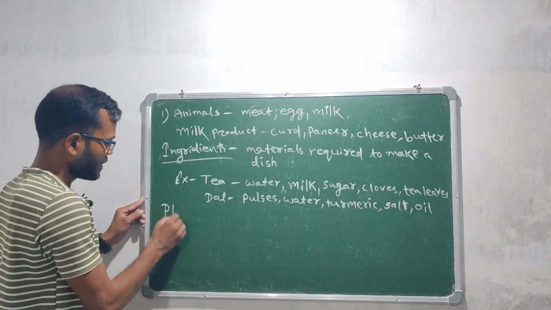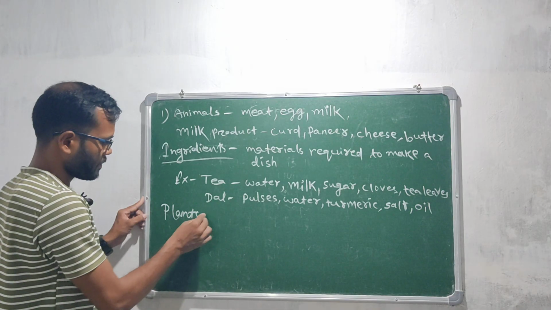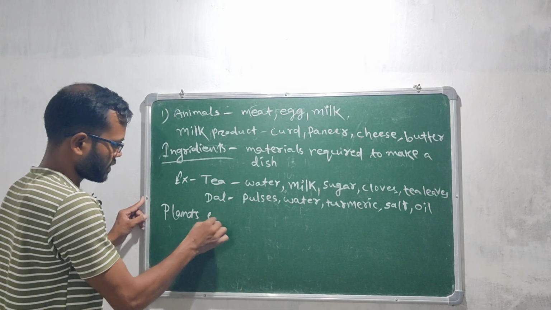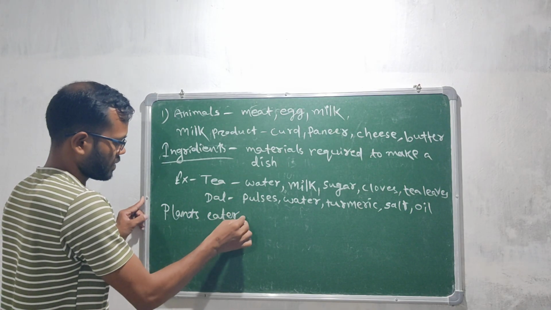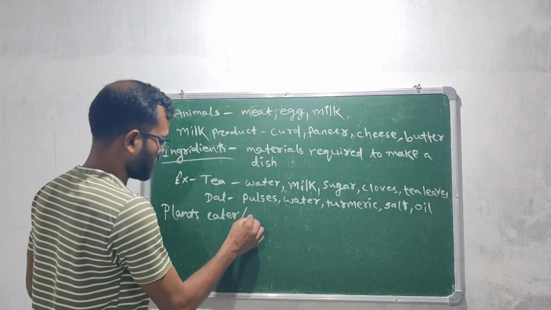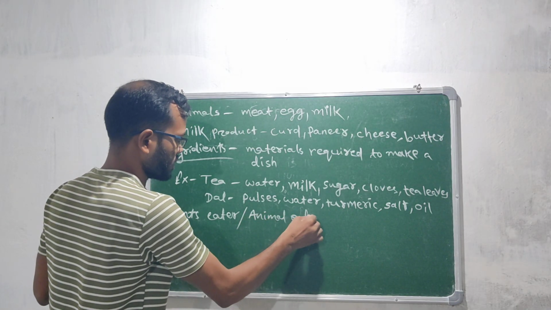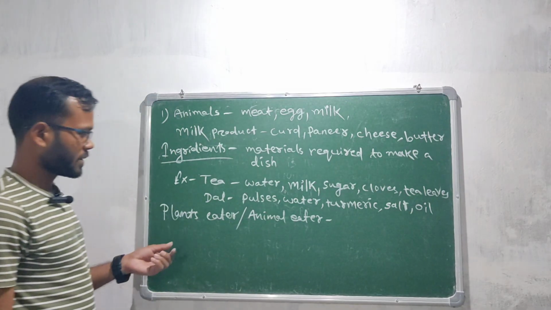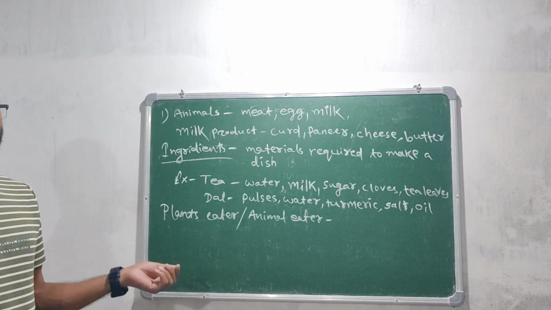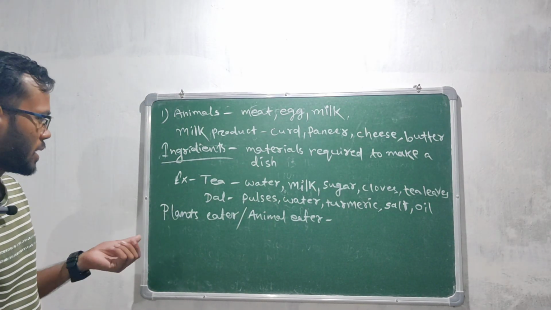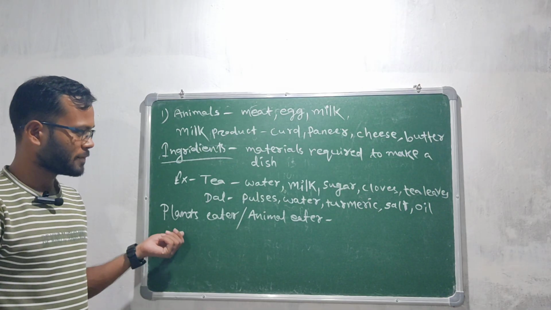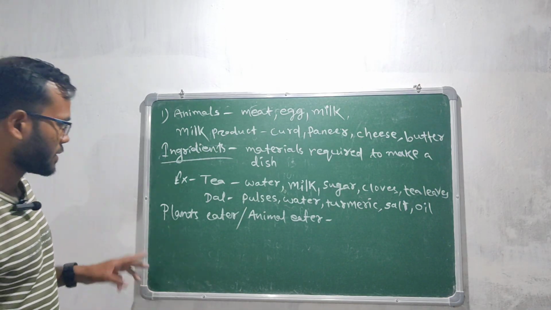Like the plant eaters or animal eaters. On the basis of food habits, what type of food they eat, we can divide the animals into three categories.